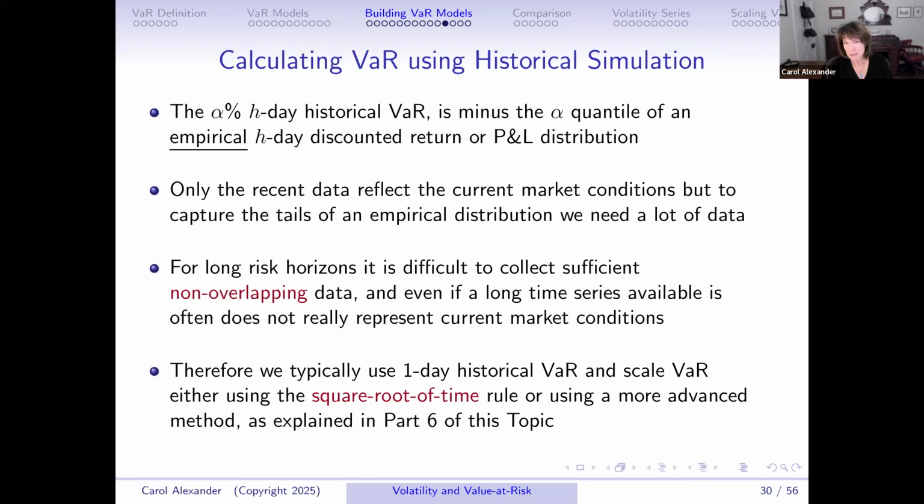We might be tempted to look at overlapping 10-day returns, but that's wrong, because one big return will get hugely augmented. So you have to take non-overlapping returns, and you can't do that for 10 days unless you have 50 years of data. You wouldn't have enough data in the tails of the distribution.